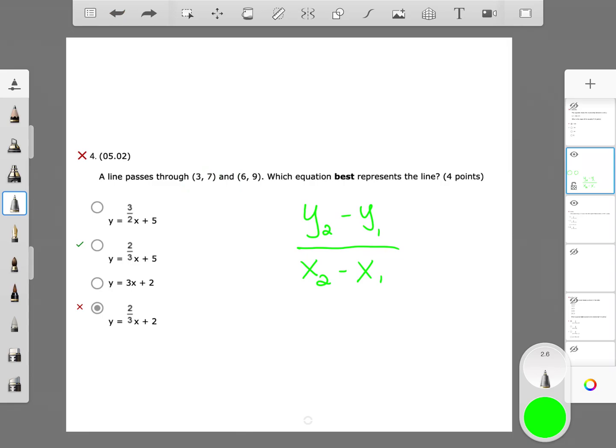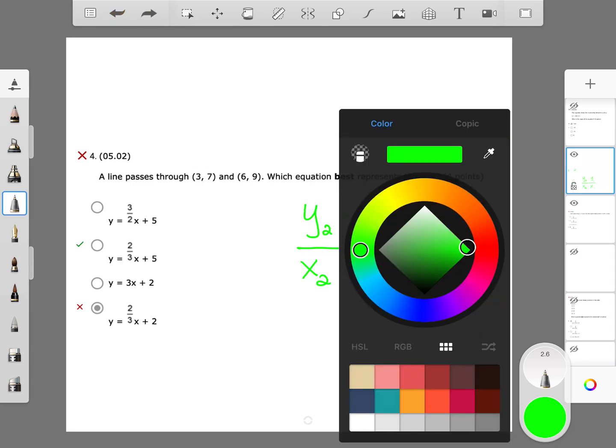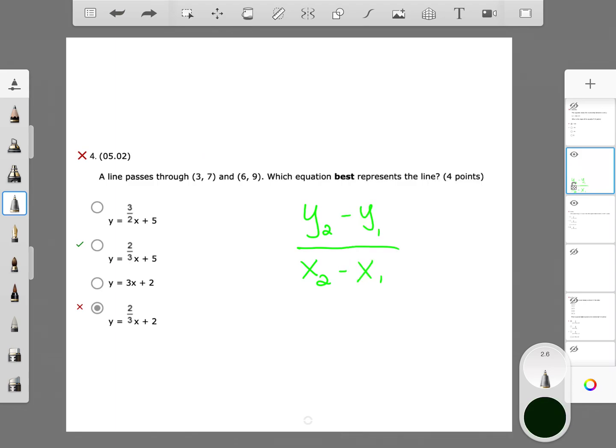Okay, we're going to call this our second point and this our first point, just so we can keep them straight. And let's see if we can set up that subtraction and division. Remember, when you talk about coordinate pairs, the x comes first, the y comes second.